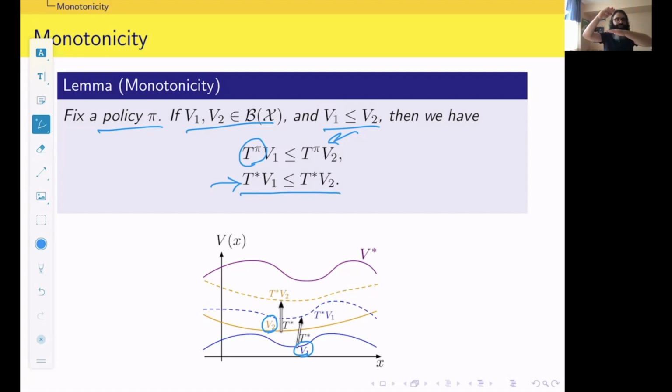It becomes two different functions, but the order relationship would remain the same. Here I apply T star to V1 to get this dashed line, and to the orange one, I apply T star to get this other dashed line. Since we started from the order relationship that V1 is smaller than V2, after applying them, we still have that T star of V1, this blue dashed line, is smaller than this orange dashed line. So that's basically what we have here.